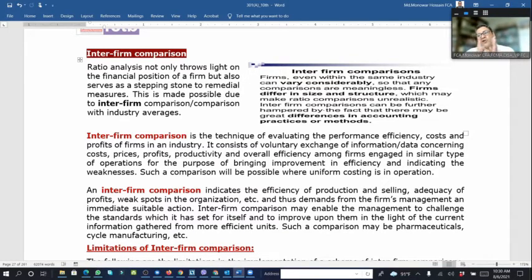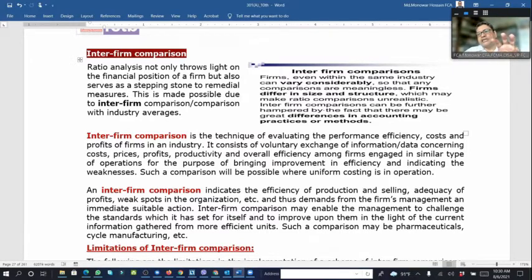Merger: one company, for example, company A plus company B, makes company C. So it's the merger. Company A and company B do not have the entity, do not have the existence. A new company arrives, company C Limited. Acquisition: what is acquisition?